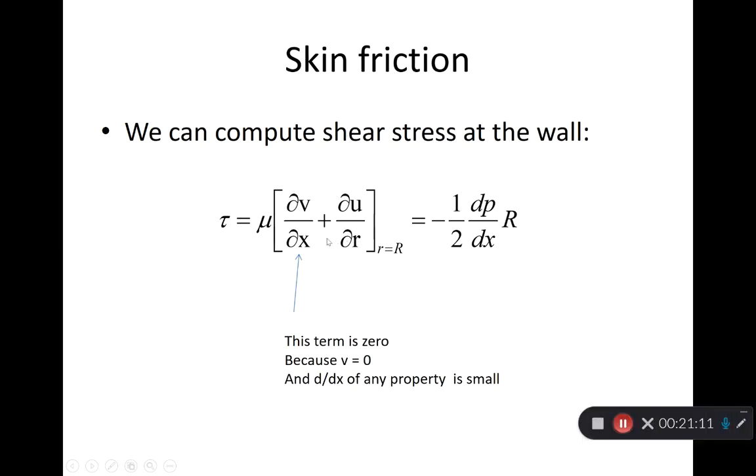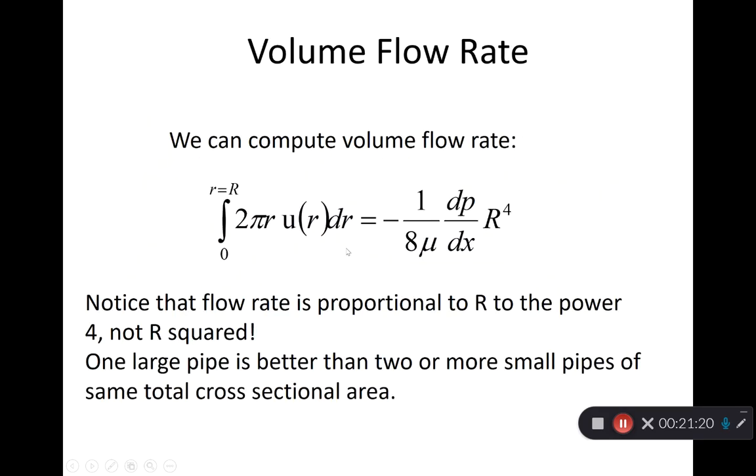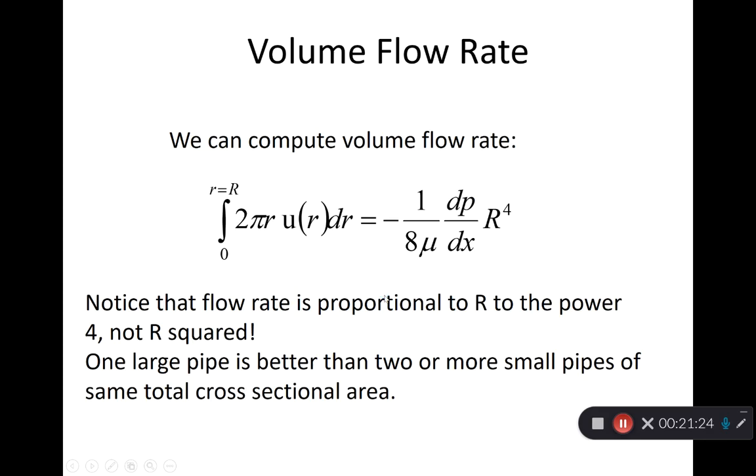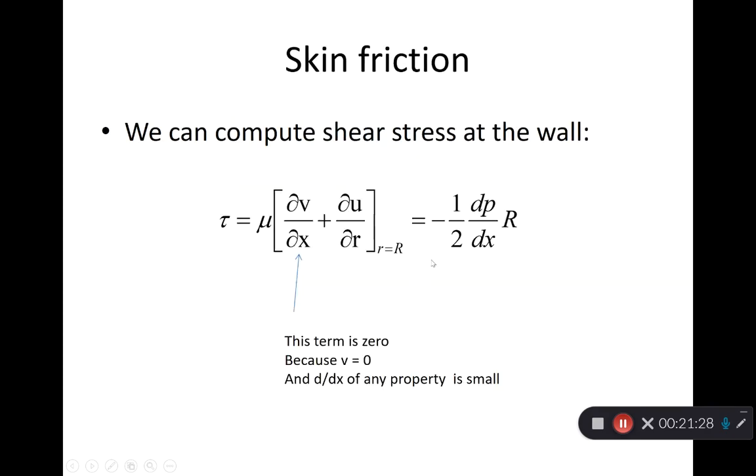Tau, this is Stokes relation, mu du dr. All you have to do is take a derivative of u with respect to r, then apply r equal to capital R. So when you do that, you will get this as the shear stress at the wall. So shear stress at the wall is proportional to the pipe radius and the pressure gradient in the laminar flow. These are all for laminar flow.